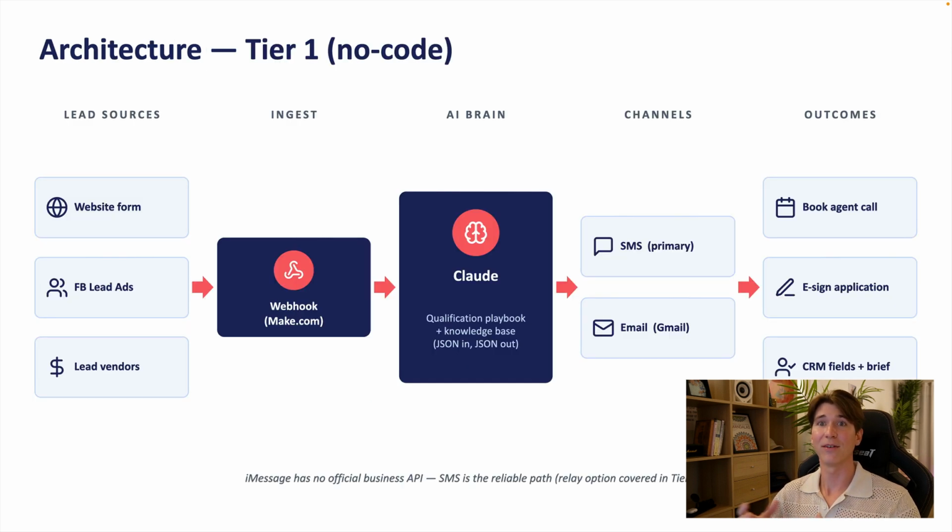And inside of that Claude, you will have your playbook for qualifying the lead and access to your knowledge base, and that will be able to make the conversation with the lead and then output data that goes into your system so that you know what to do next.